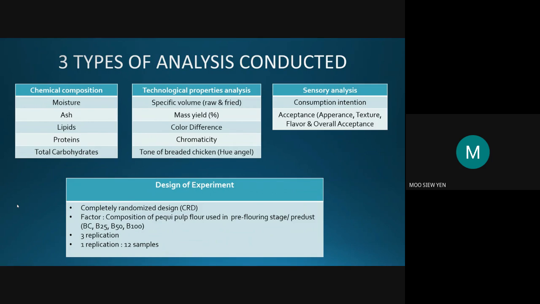Doctor, I have a question. Okay, please. In the slide, there's mentioned there are 3 replications, and then one replication have 12 samples. Does it mean that there are 36 samples in total? Yes.